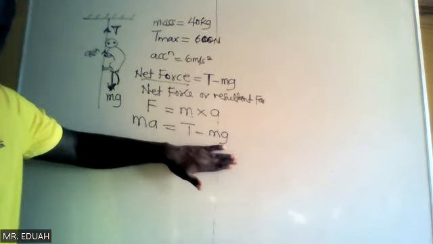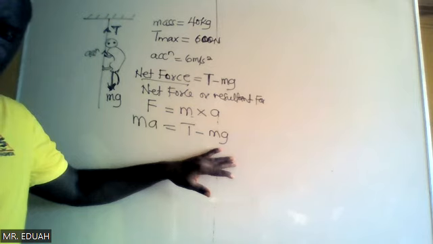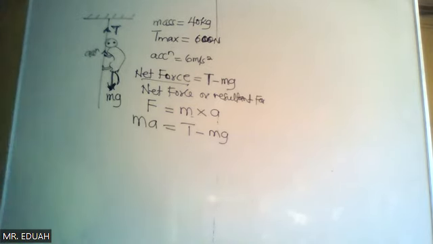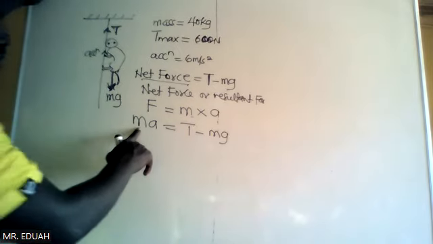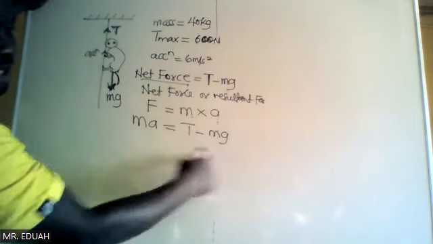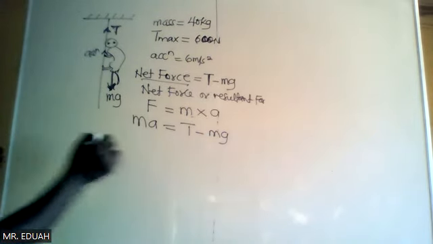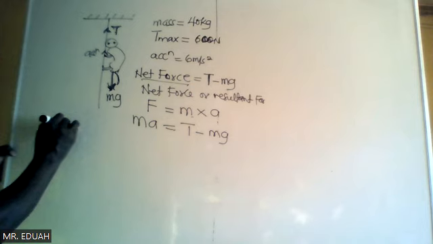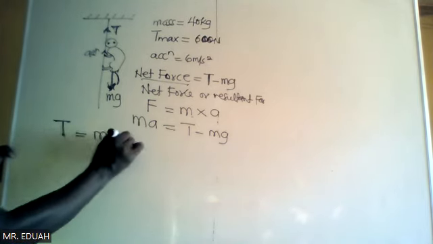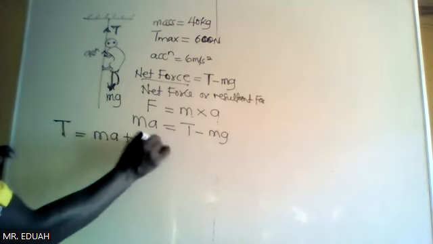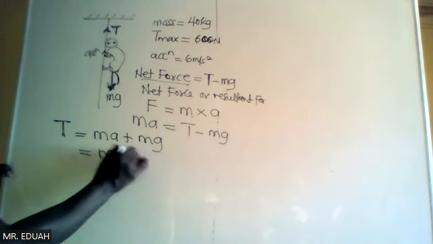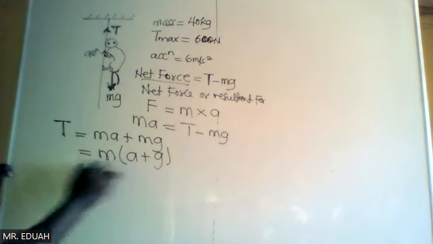Are we okay here? Yes. Making tension in the string the subject, we have ma plus mg, which is m(a plus g).